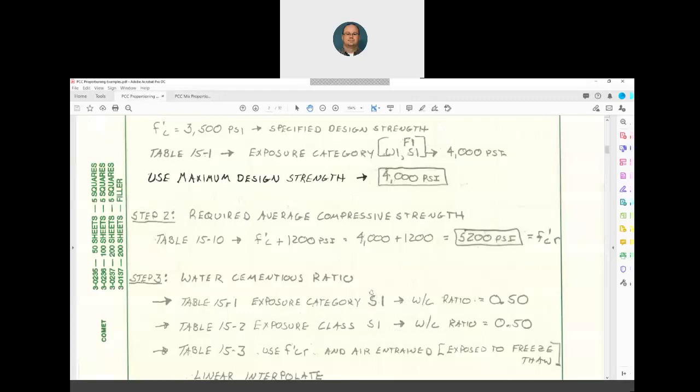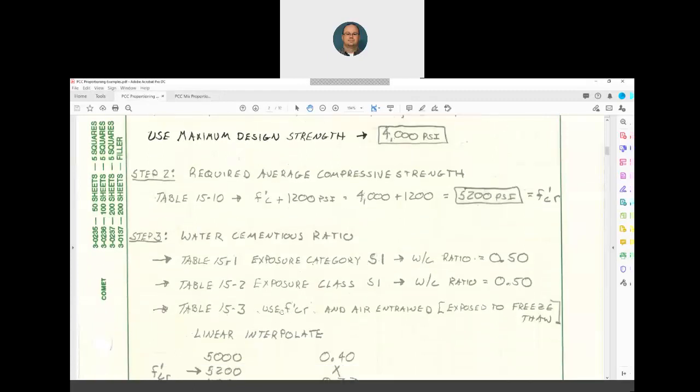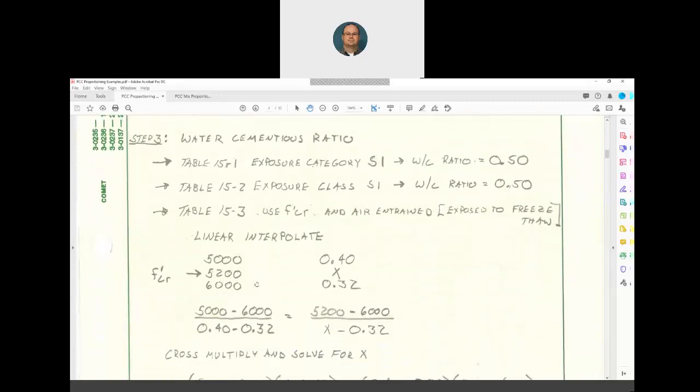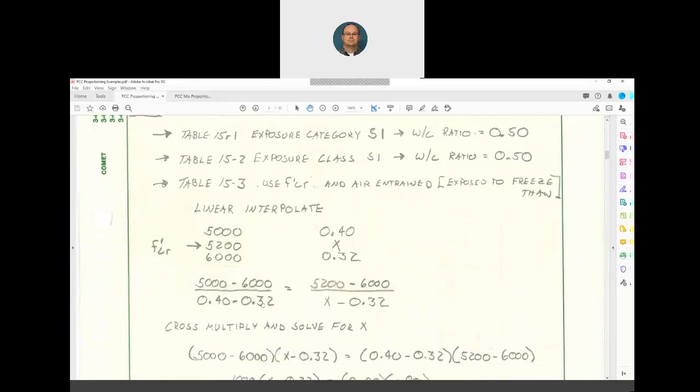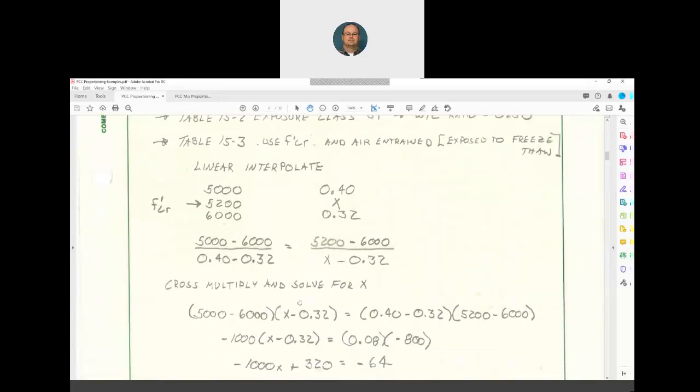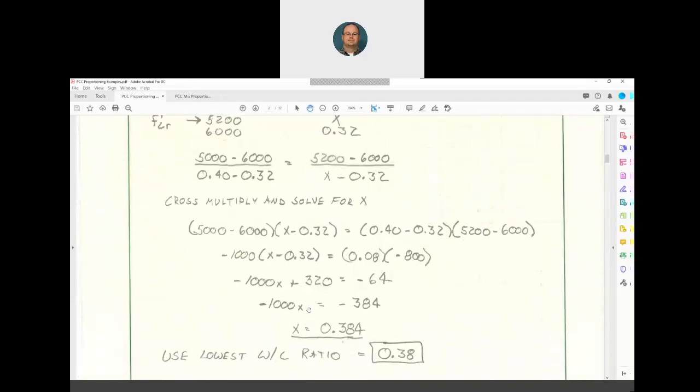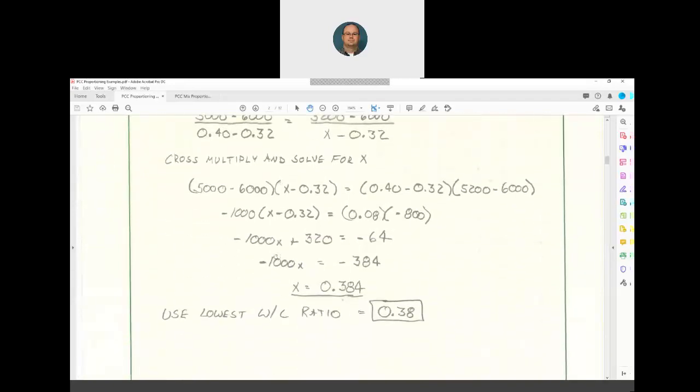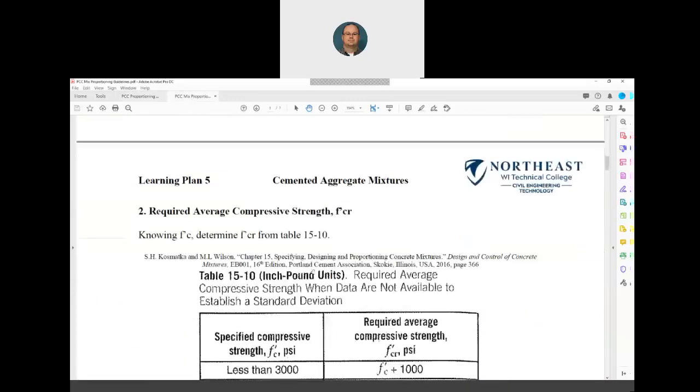Okay. Table 15.3, use f'cr and air entrained, exposed to freeze thaw, linear interpolate. I kind of showed you how you linear interpolate, so I went through this process to help you with linear interpolation. Let's go look at this.